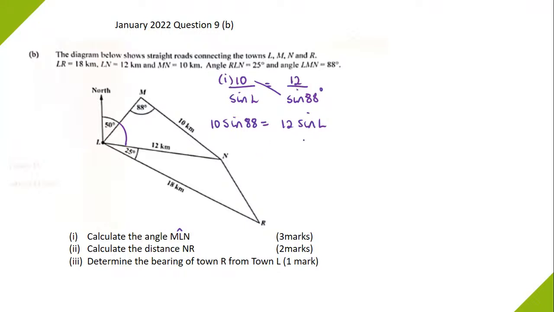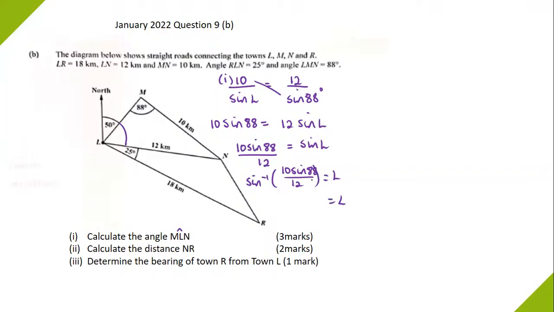All right, so now sine L is equal to 10 sine 88 divided by 12. And L, which is the angle we're going to find, is equal to sine inverse of this entire thing, 10 sine 88 divided by 12.